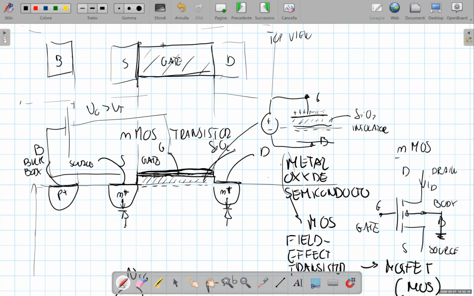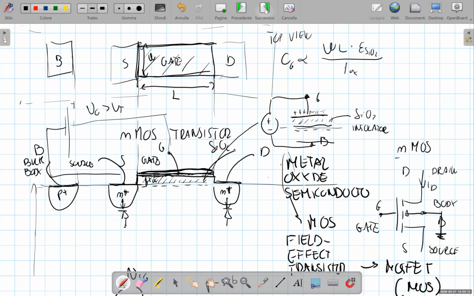Actually, this area with a certain length and a certain width corresponds to the surface of a parallel plate capacitor, so it's reasonable to assume that looking at the gate terminal, this structure can be regarded as a capacitor with a gate capacitance that is proportional to the width times the length, the surface of the parallel plate, times the permittivity of silicon dioxide, and then divided by the thickness of the oxide.